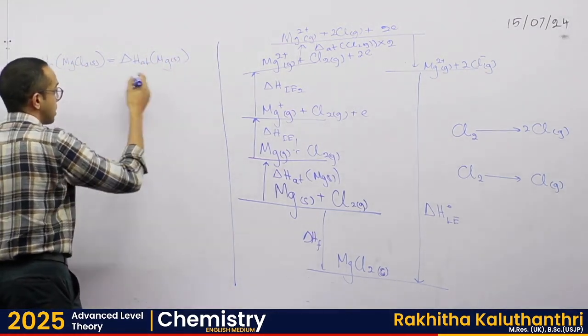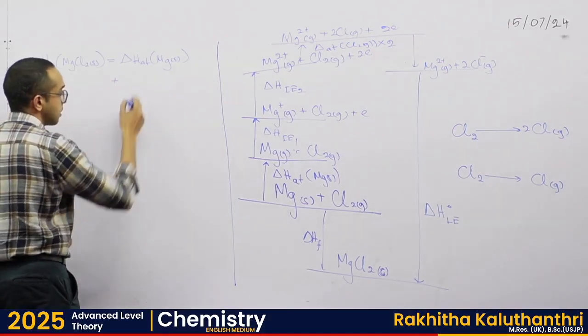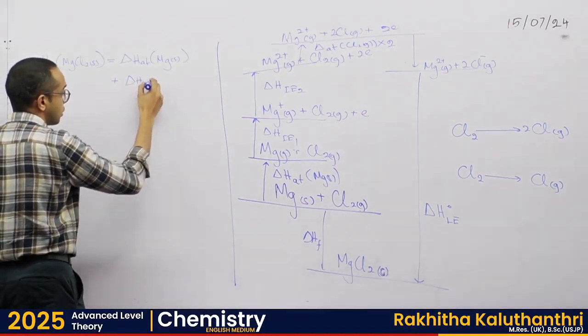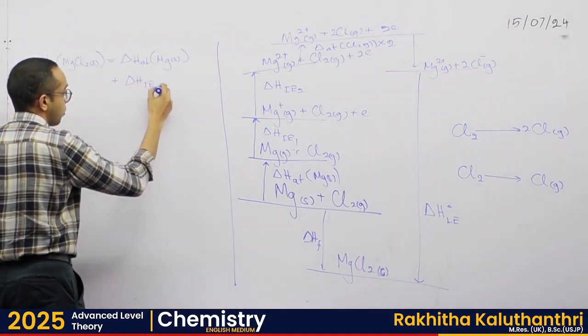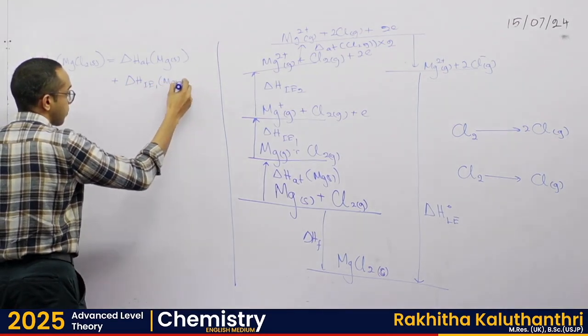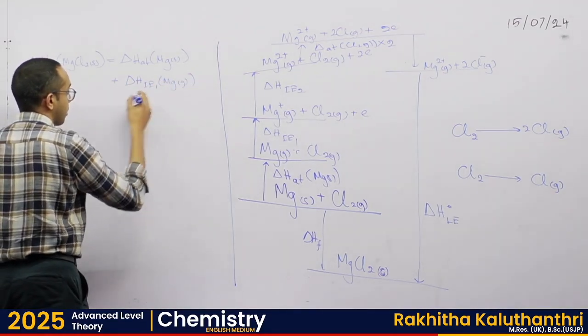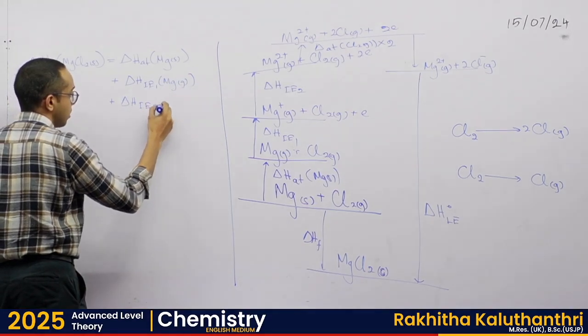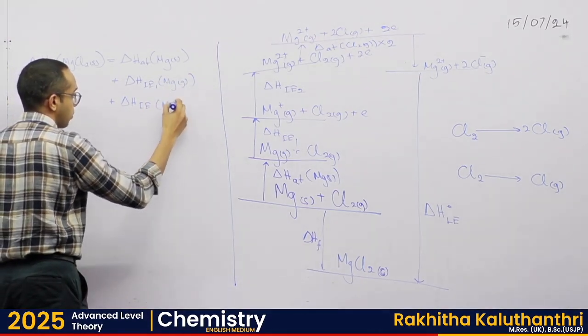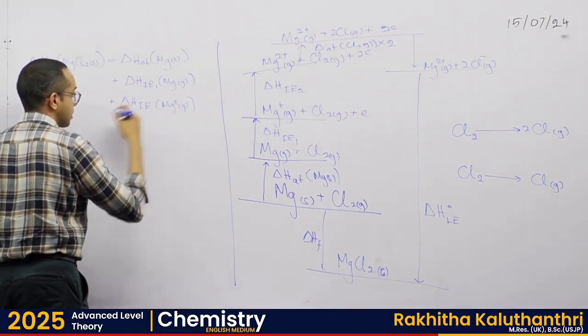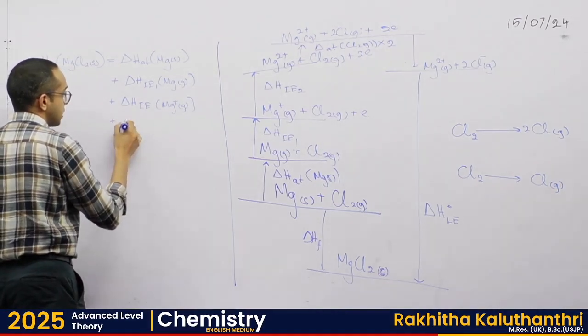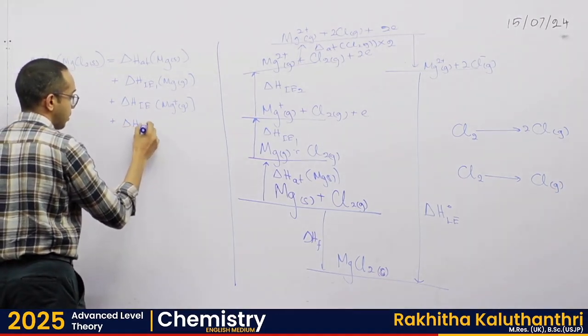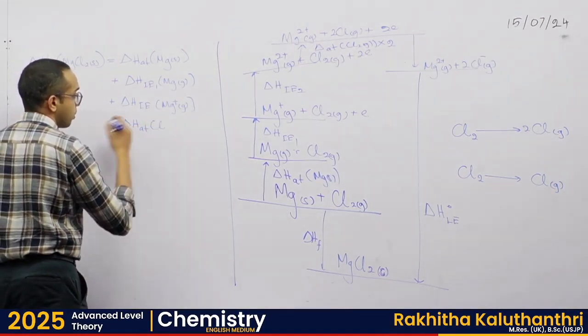Since I don't have the space here, I will write it here, plus delta HIE1 of magnesium and plus delta HIE2 of magnesium. Now at that point we write magnesium plus gas plus delta H atomization of chlorine.